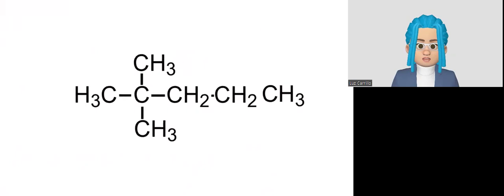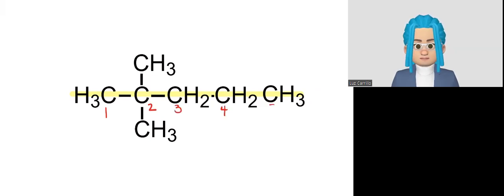In the first molecule that we have here, our longest parent chain is going to have, as you can see here, 1, 2, 3, 4, 5 carbon atoms. So that means that our parent chain or the main chain is called pentane.